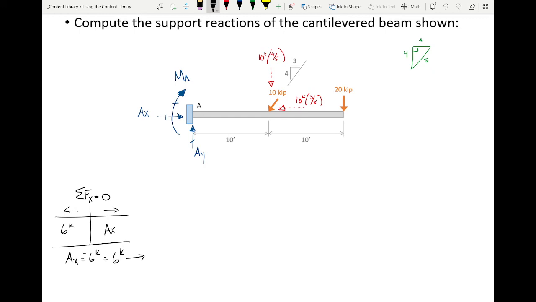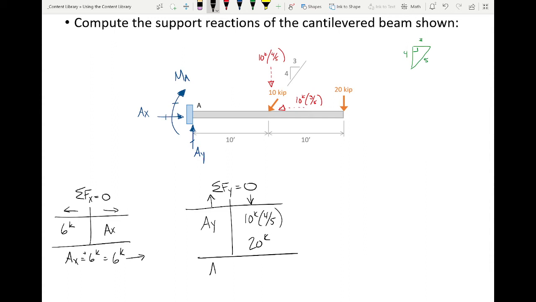Sum of forces in the Y direction. So what do I have? AY going up. What do I got going down? 10 kips times 4/5 and 20 kips.